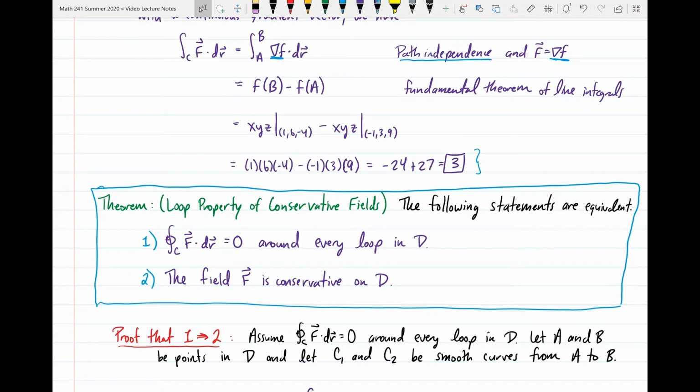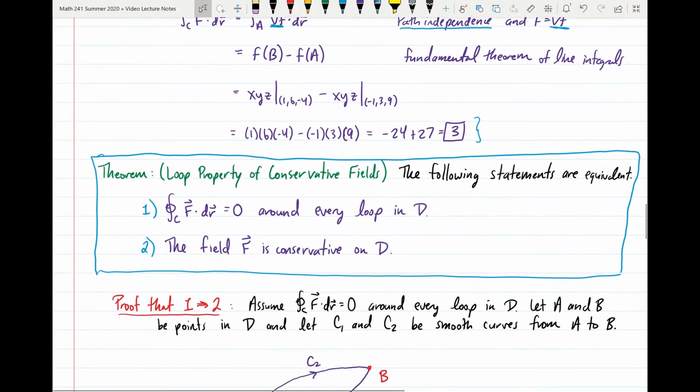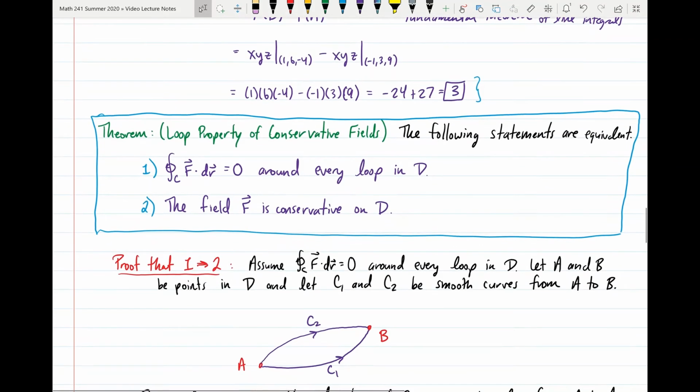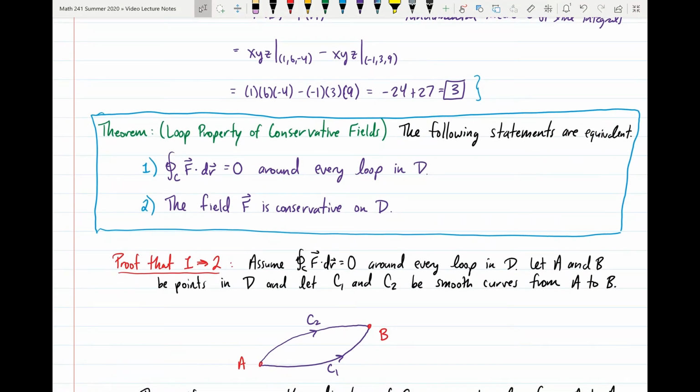Now finally, we can move on to the last theorem for this first video for section 16.3. This theorem is entitled the loop property of conservative fields, and it goes as follows. The following statements are equivalent.